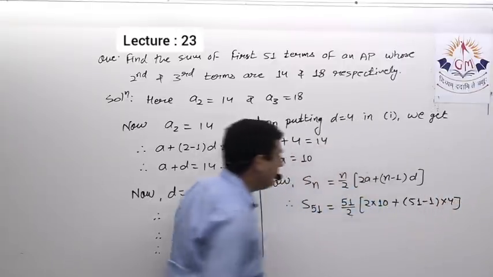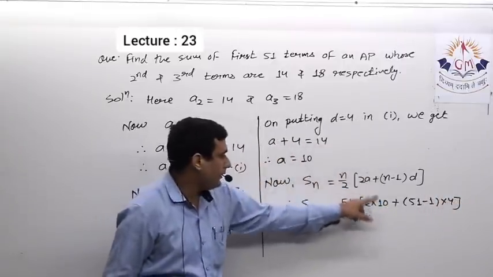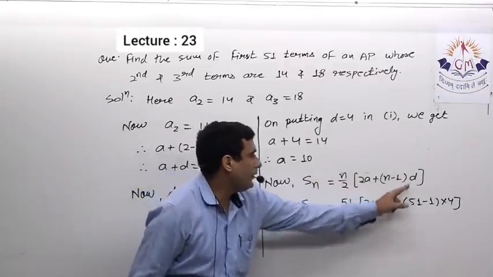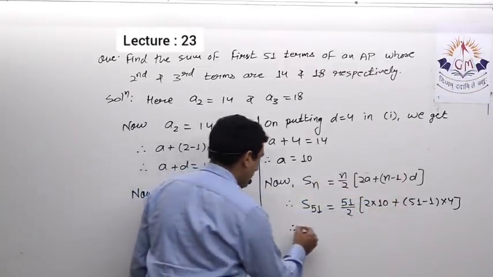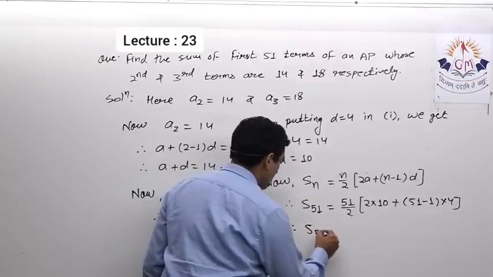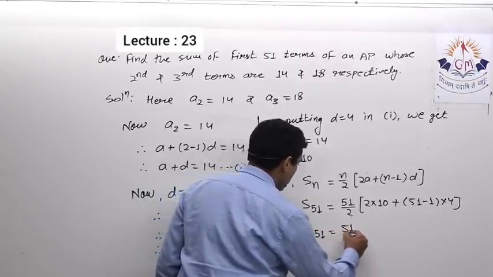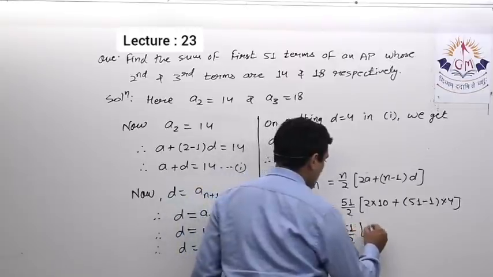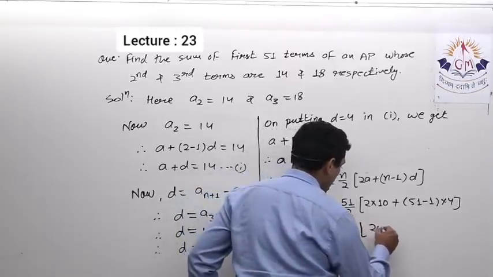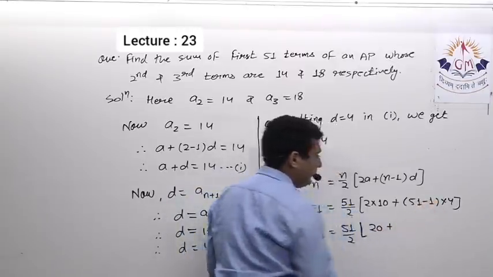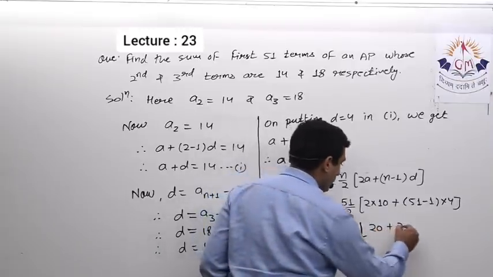Just you have to keep the values in the formula. n is 51, a is 10, d is 4. So on solving this, here it is 51 by 2, here 20 plus 51 minus 1 is 50 into 4, that is 200.